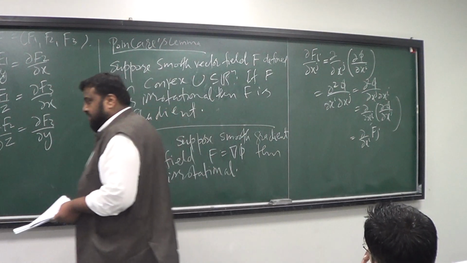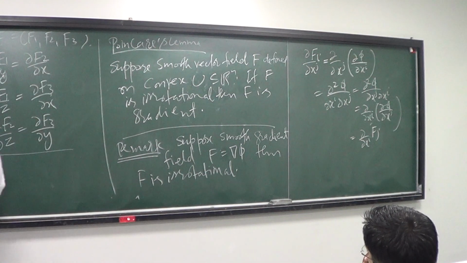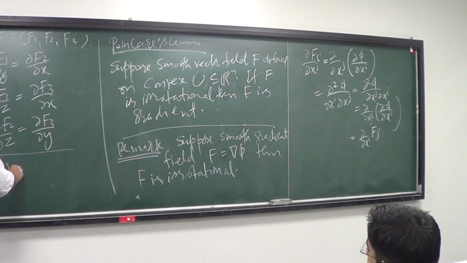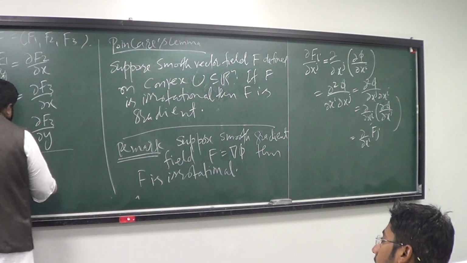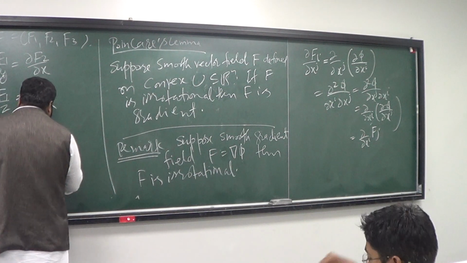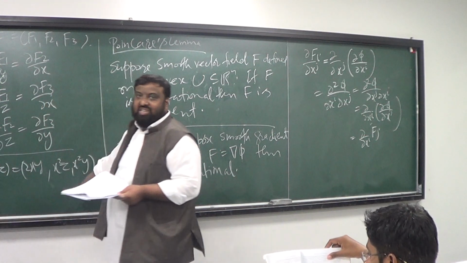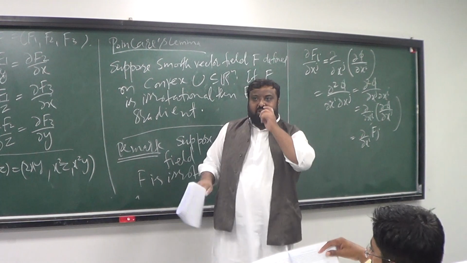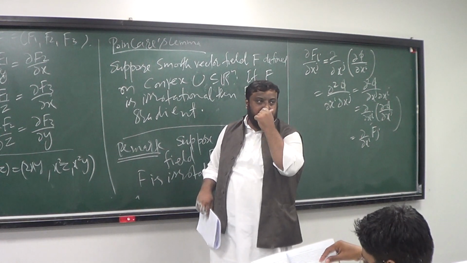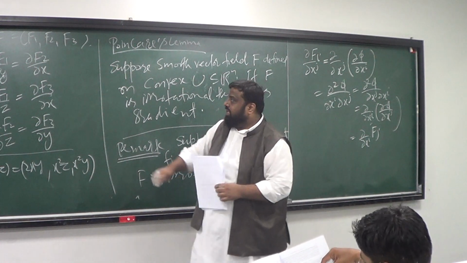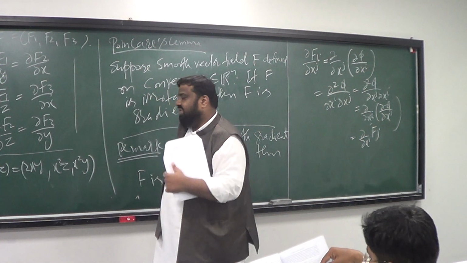Is this field conservative? Think about it. f of x y z has components like x square z and x square y. So we already constructed a potential for it. If you remember, this is the same as the first example. But does this satisfy the condition?